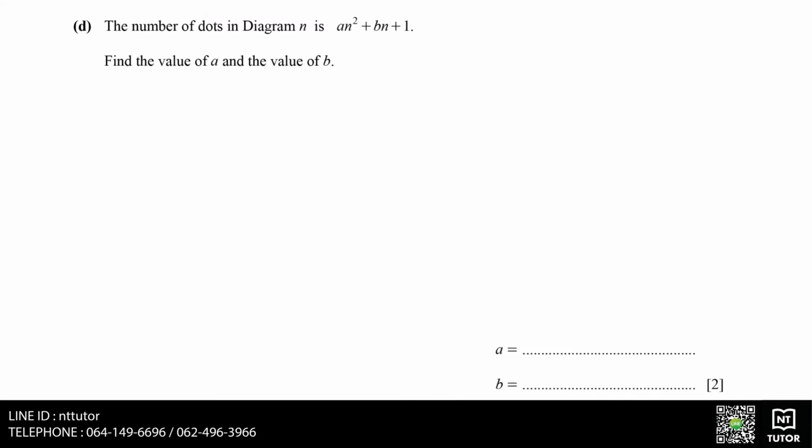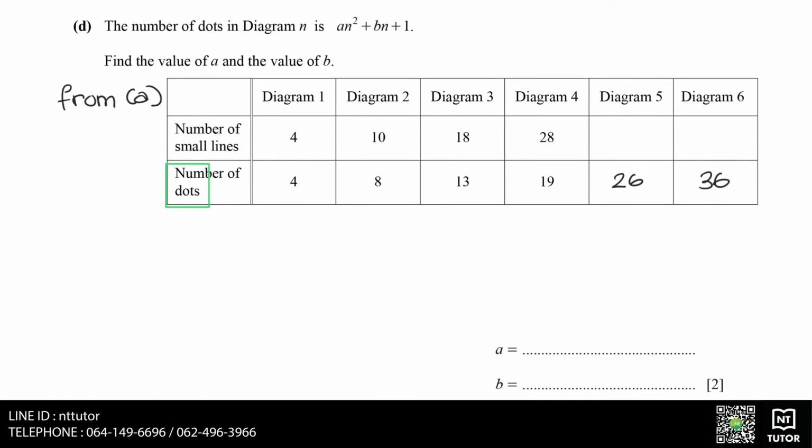The number of dots in diagram n is an squared plus bn plus 1. Find the value of a and the value of b. From part A of the question, we already completed the table and the number of dots for up to diagram 5 and diagram 6.